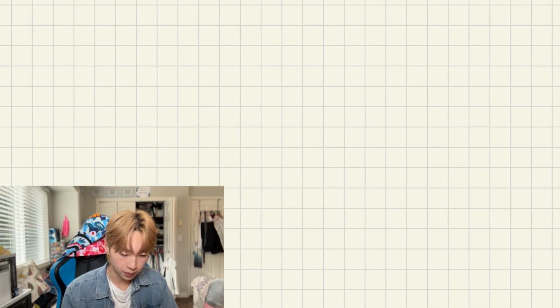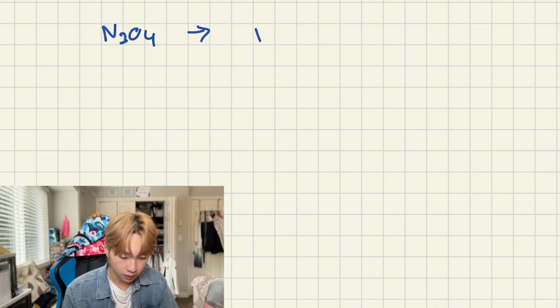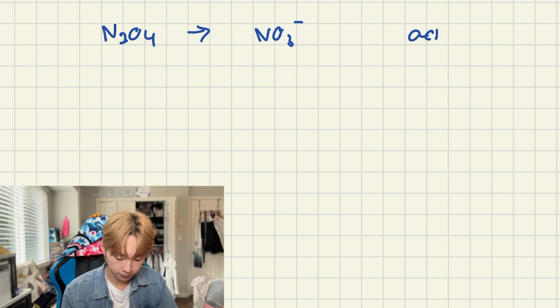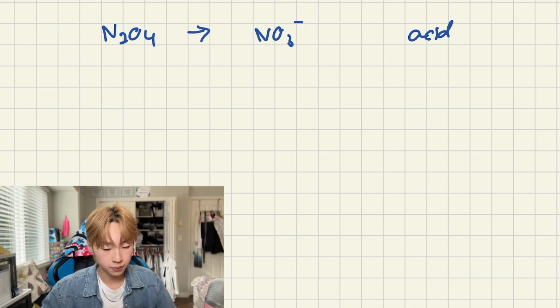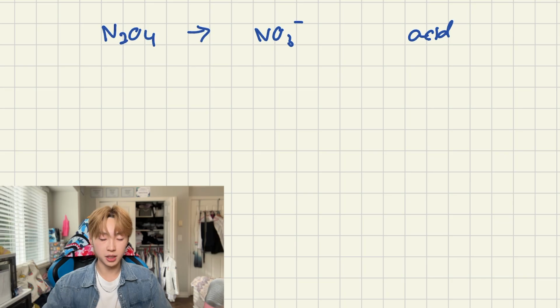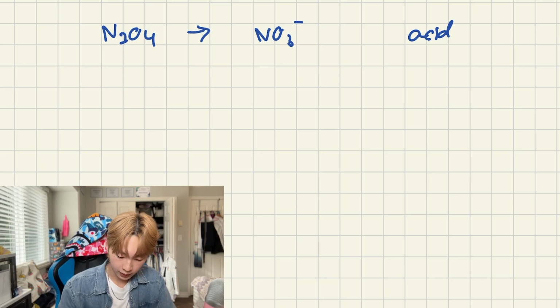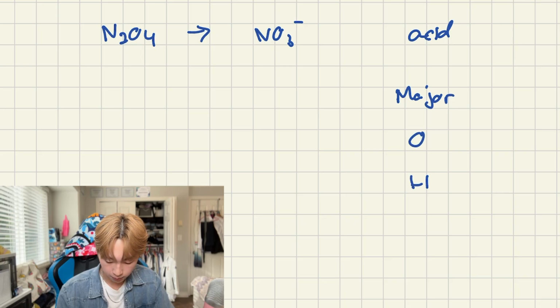Let's write a balanced half reaction for N2O4 turning into NO3- in an acidic solution. We're going to use what's called the Major OH- method, so write it out: Major, O, H, and minus.